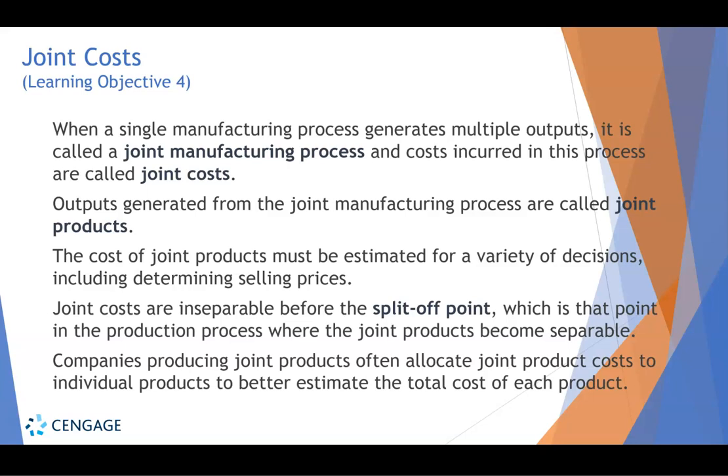Looking at joint costs, because joint costs are by definition inseparable, managers must be careful when analyzing and interpreting product costs that include joint costs. Methods for allocating joint costs are going to be looked at next.